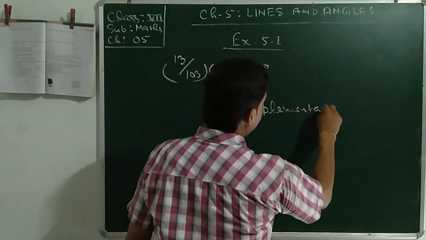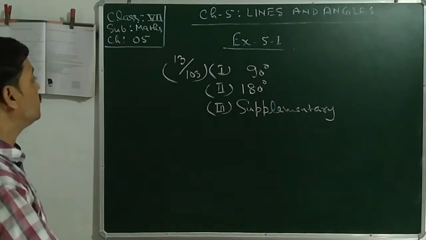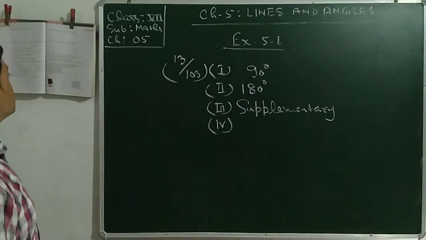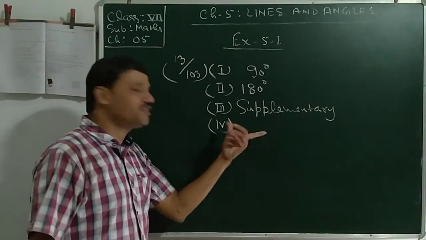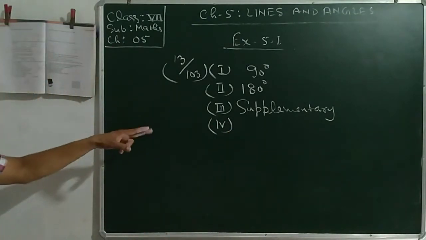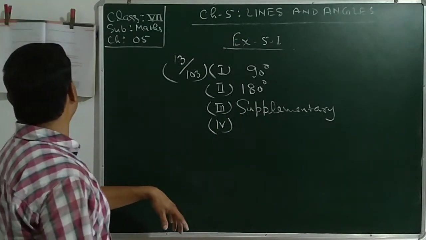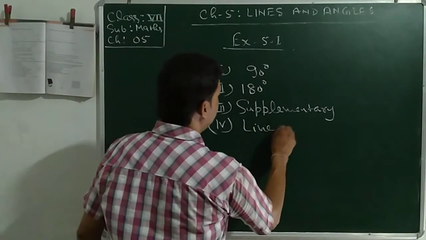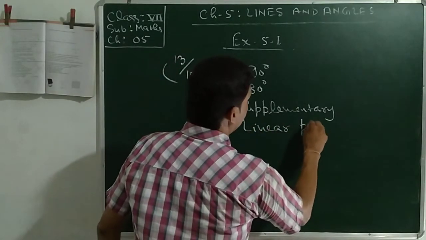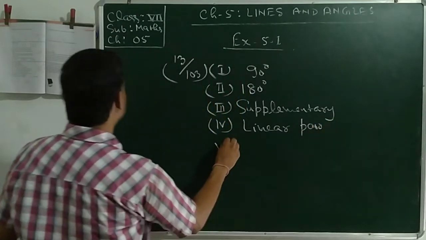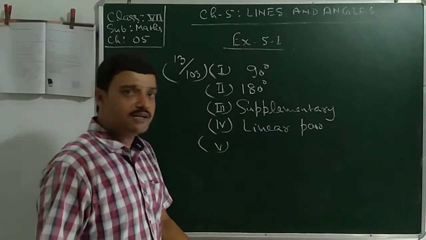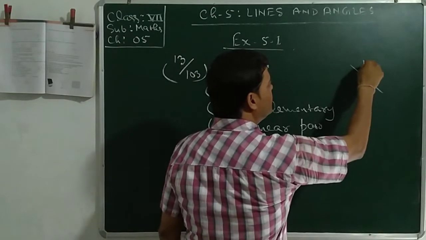They are supplementary. And the fourth part is, if two adjacent angles are supplementary, they form a linear pair. If they were supplementary, they formed the linear pair. They forming the linear pair, then they are supplementary. So we will write here linear pair. And the fifth part is, if two lines intersect at a point, then the vertically opposite angles are always, I had explained to you, equal.